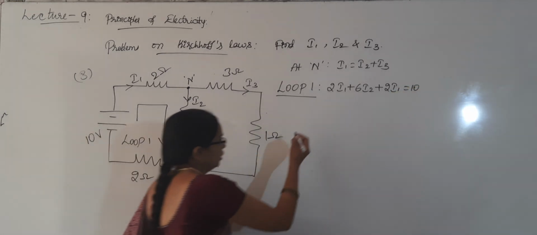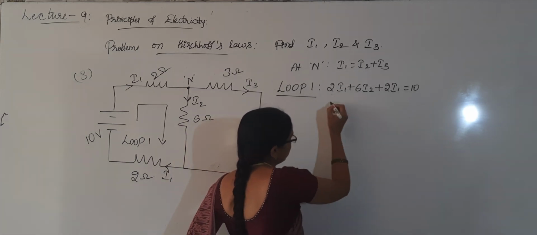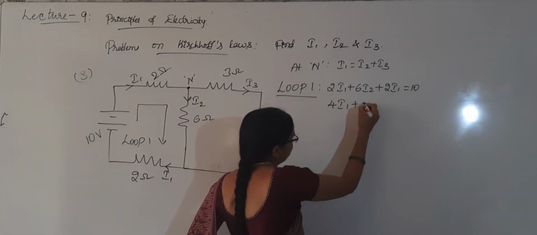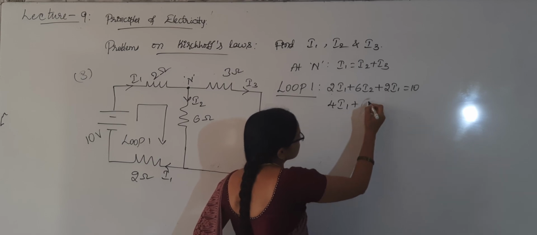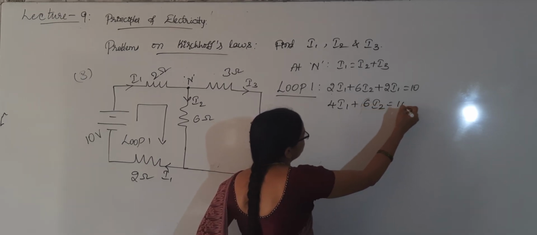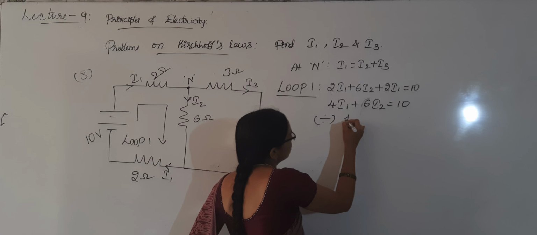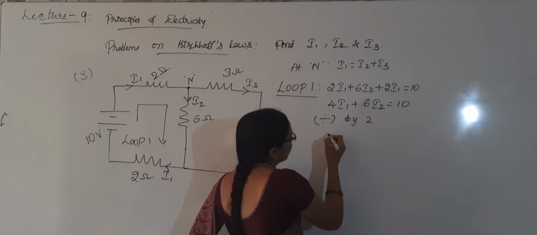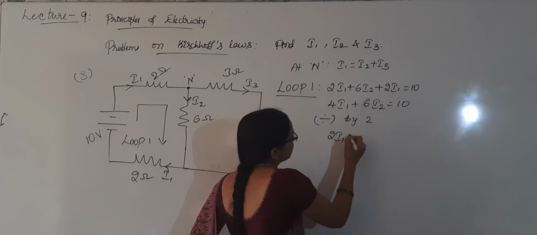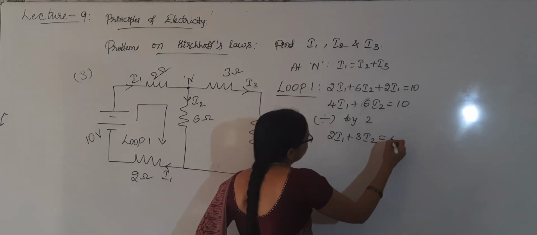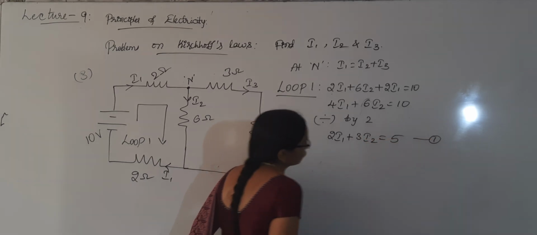This will be equal to 2I1 plus 2I1, that is 4I1 plus 6I2 is equal to 10. I will divide this equation by 2. Then 2I1 plus 3I2 is equal to 5. Call this equation 1.